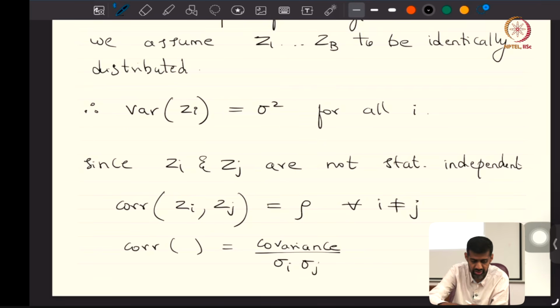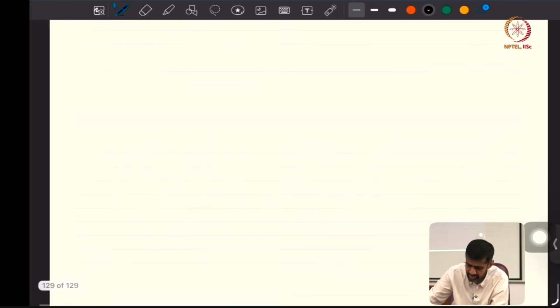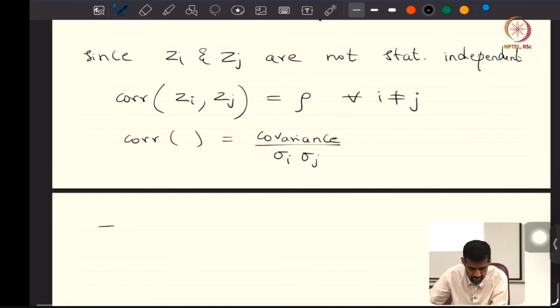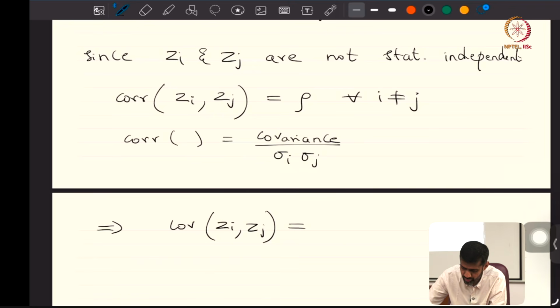This is the standard formula, which implies that the covariance between these two random variables is rho times sigma squared, correct. Why? Because sigma i is equal to sigma j, since we have assumed all of them have the same variance, therefore the covariance is given by this product.